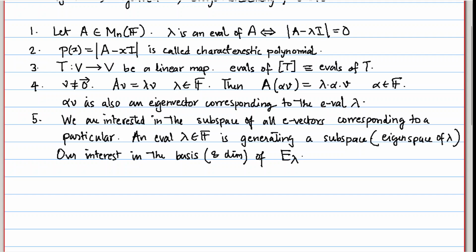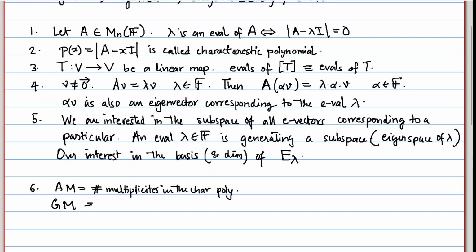So we all know the definition of algebraic and geometric multiplicity, right? Algebraic multiplicity is the multiplicity of the root in the characteristic polynomial, right? And what is geometric multiplicity?